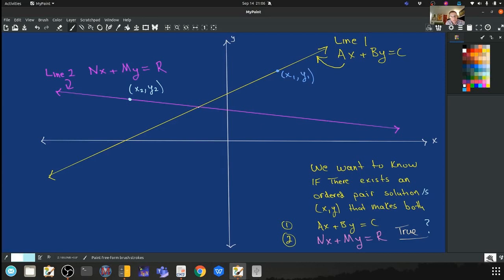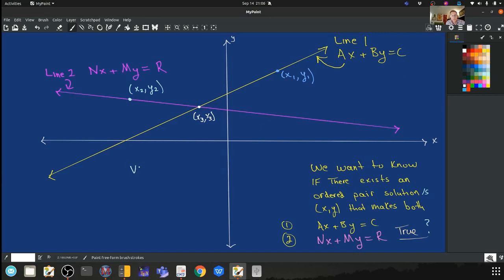Well, if I look at this point right here, and we'll call it x3, y3, then x3, y3 lies on the purple line. So when I plug in x3 and y3 into this equation, it's a true equation. But it also lies on the yellow line. So when I plug in x3 and y3 up here to equation 1, I'm going to get a true solution.